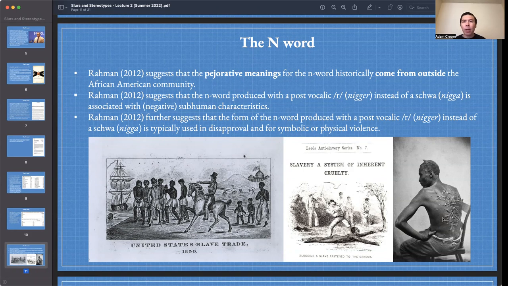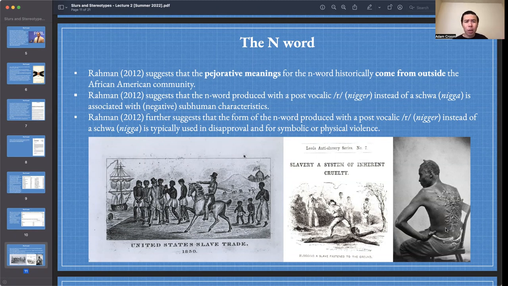Okay, so we see that the pejorative meaning of the N-word comes from non-African Americans being used towards African Americans, right, in contexts in which negative characteristics are being indexed, and this usage is being used for the purposes of disapproval or for symbolic and physical violence. Okay. So that is, on the one hand, the paradigm derogatory usage of the N-word.